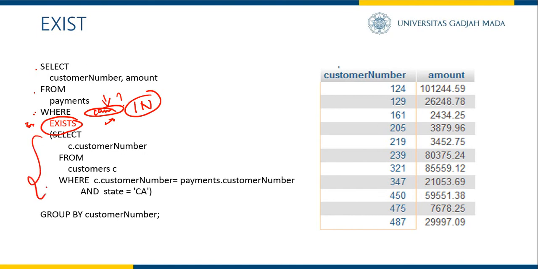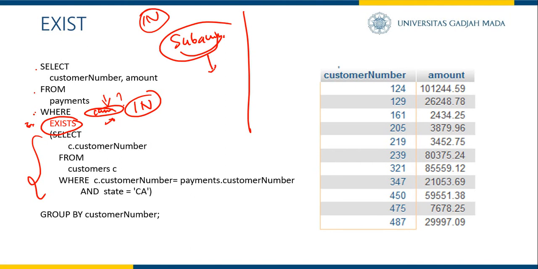Why is it different? Because the selecting method is also different. When we are using IN, it will check the subquery first, and then the result will be stored as a list or something, and then it will run the full query, or the outer query.